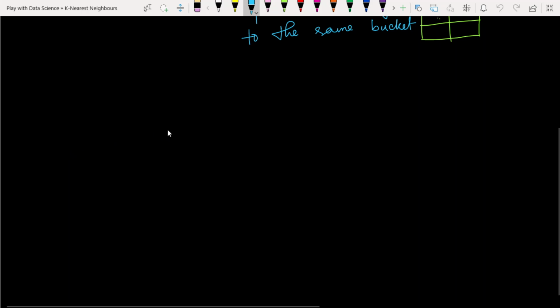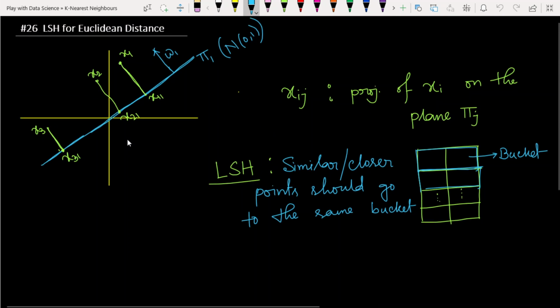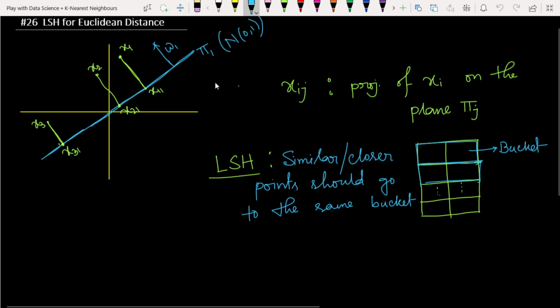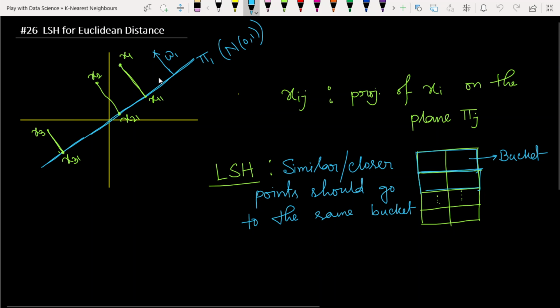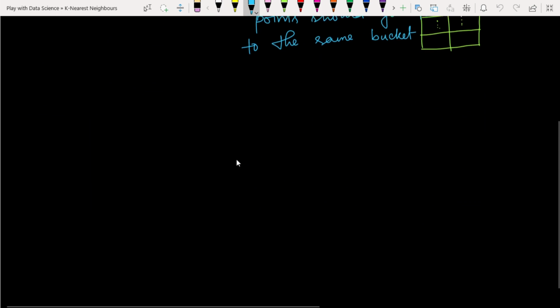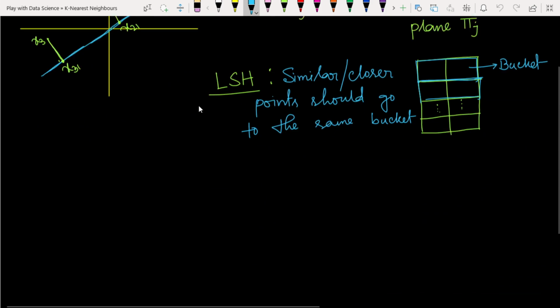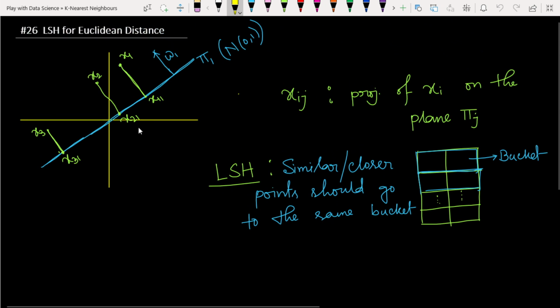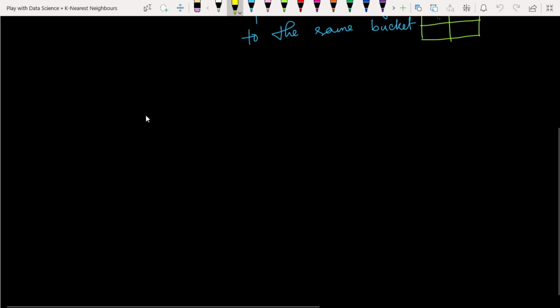And what will be the hash value for this? I think this will be clear to all of you. Instead of taking this picture this way, I am taking this pi1 plane horizontally. Let's see how this works.